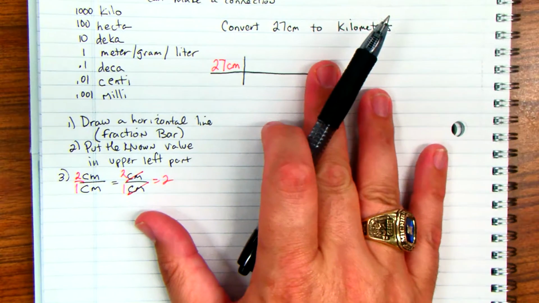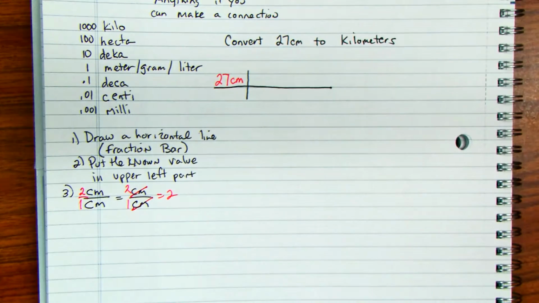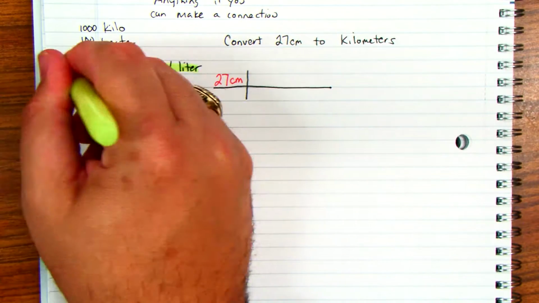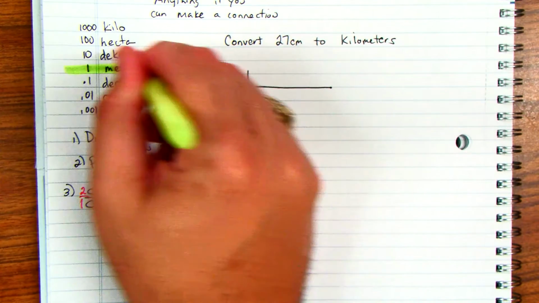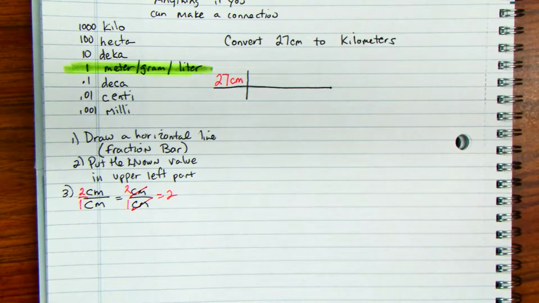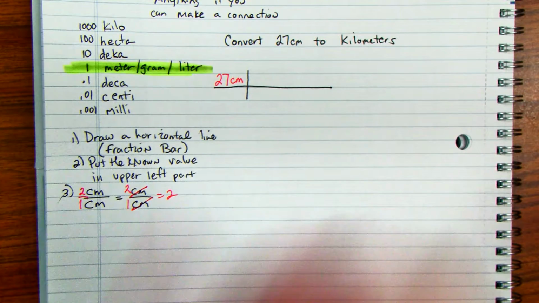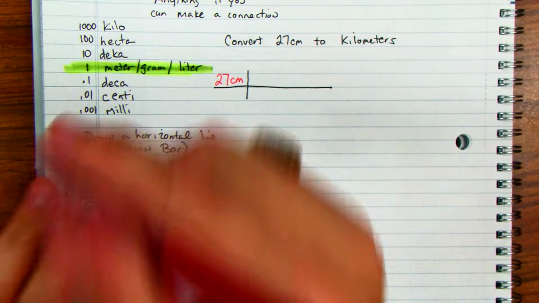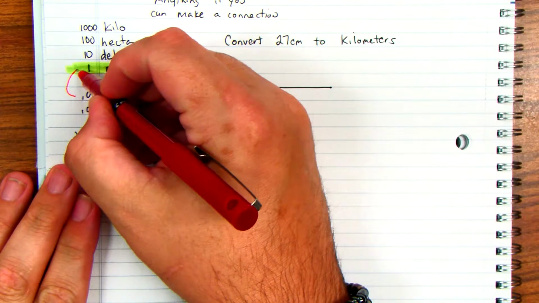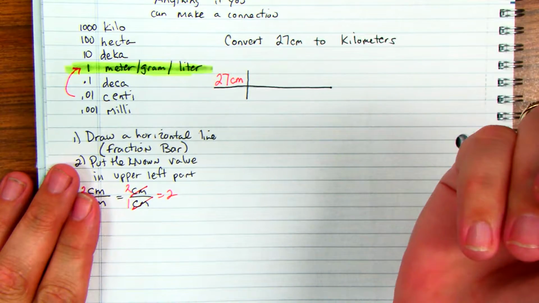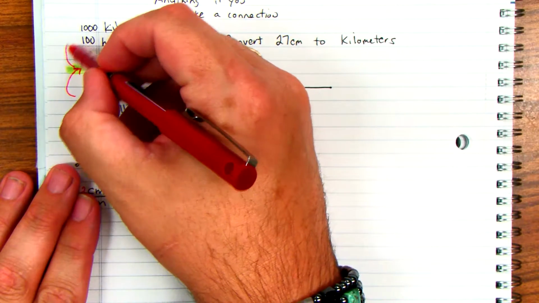Now, this is kind of like our Grand Central Station. Just for instructional purposes, we're going to go from centimeters to meters, and then from meters to kilometers.